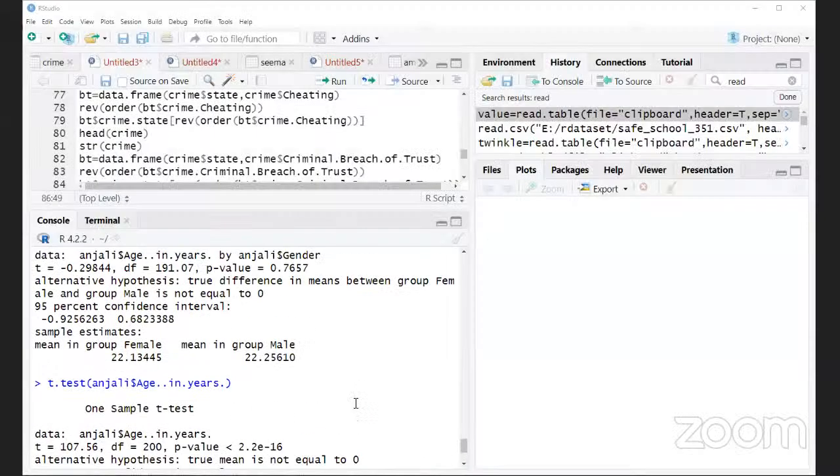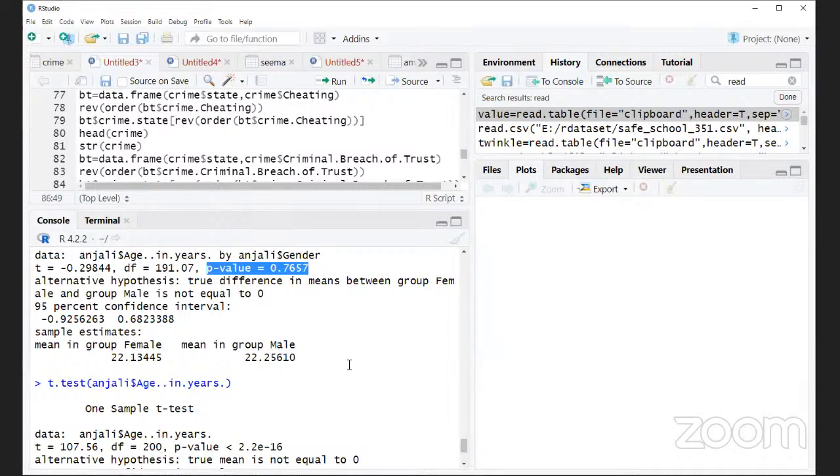Sir, in the one sample t-test, the mean was showing 22 point something. Then how did you interpret it as significant? Just look at the p-value.